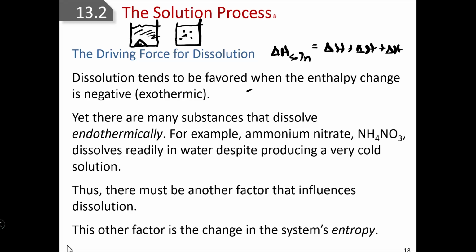And if the overall heat of solution is negative, that means we have an exothermic reaction, and that means it's giving off heat.